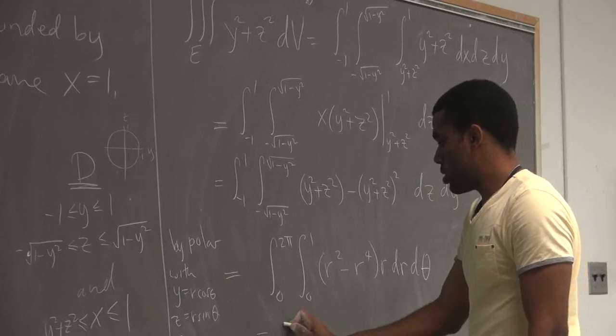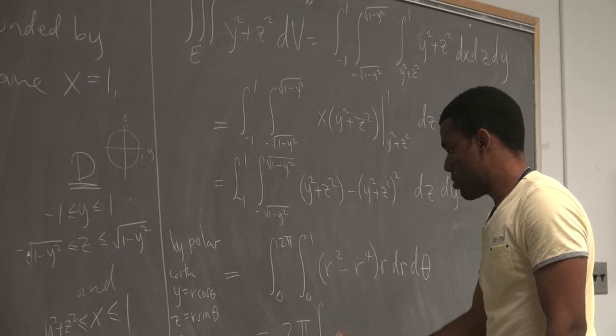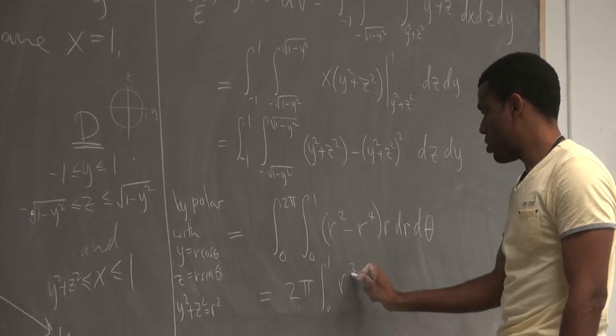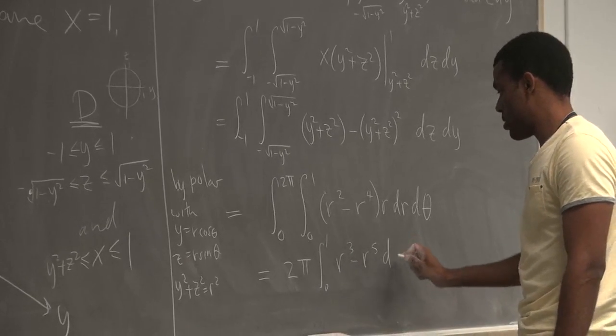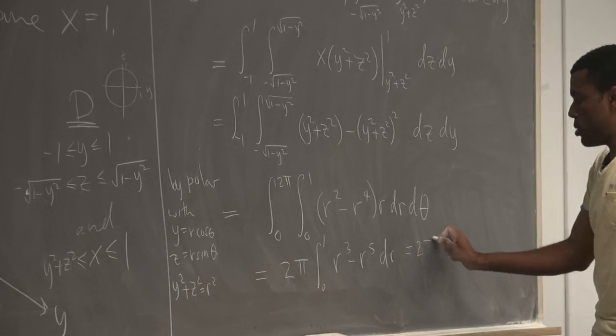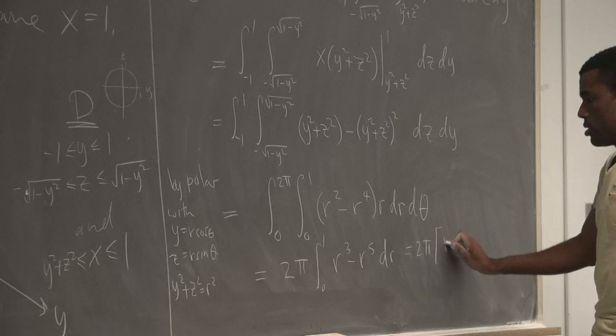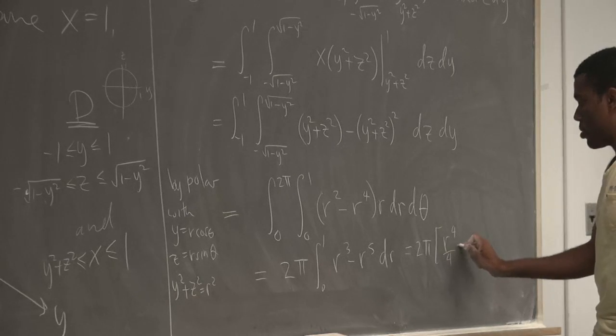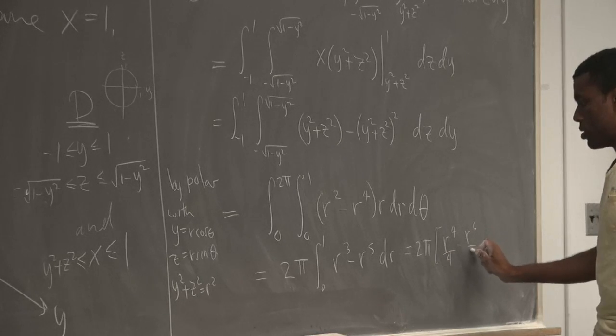So this is going to just be 2 pi times the integral from 0 to 1 of r cubed minus r to the 5th. It's equal to 2 pi times r to the 4th over 4 minus r to the 6th over 6.